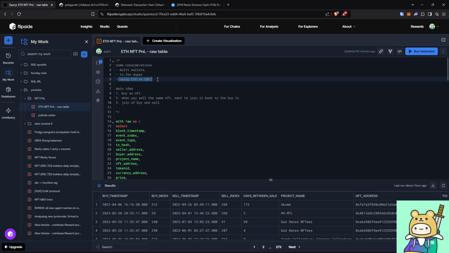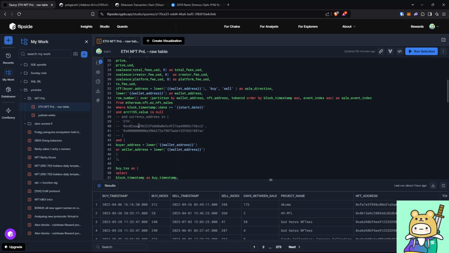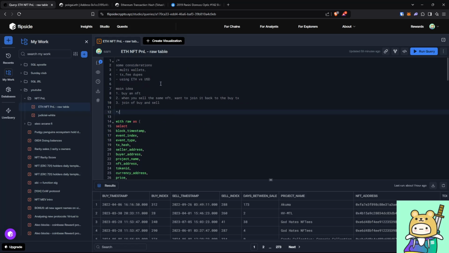Another consideration is using ETH versus USD. Normally I would like to keep it denominated in the token itself, like denominated in ETH or ETH related assets like ETH, WETH, and Blur Pool. But in this case, there can be weird instances where you buy with ETH, sell with USDT, buy with USDT, then sell with ETH.